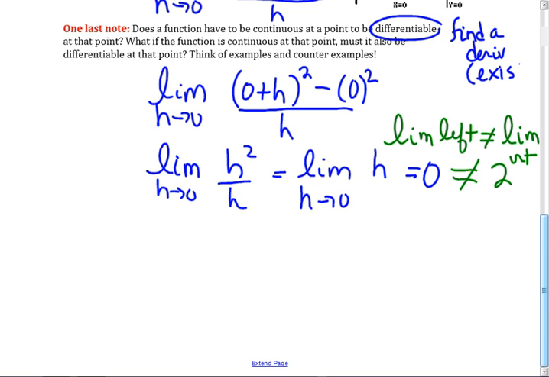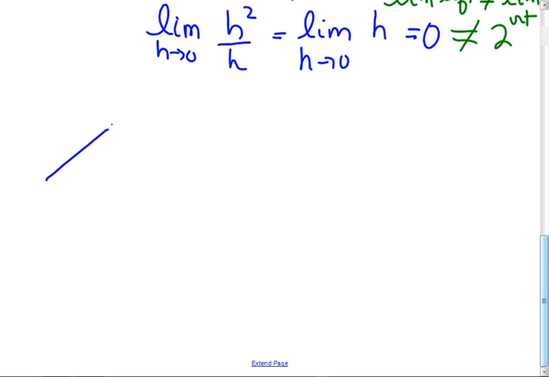So if I had this function right here with a little break in my graph, can I find the derivative at that c value? No, doesn't even make sense, does it?